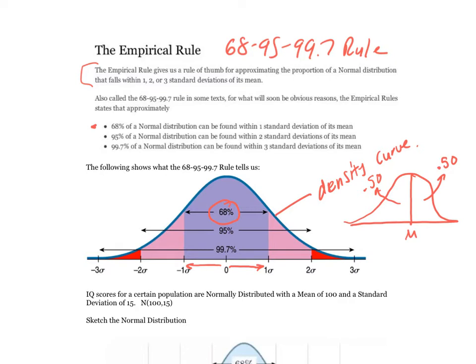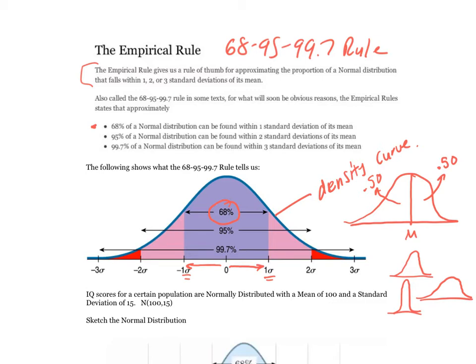Remember the slide before, the first slide of this unit, when I showed you normal distributions? Some were really narrow and tall, some were really wide. It does not matter which of those you're looking at. If it's bell-shaped, then this 68% rule applies to all of them. If you go out 1 standard deviation in either direction, you get 68% of the data.